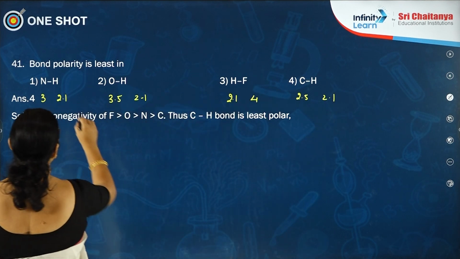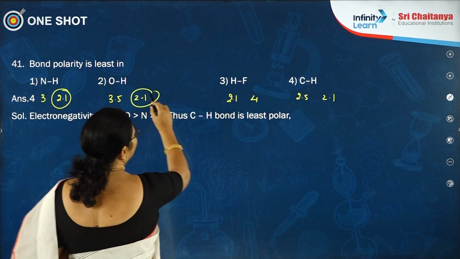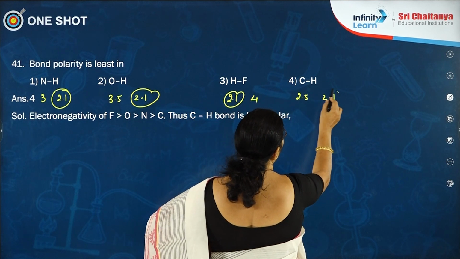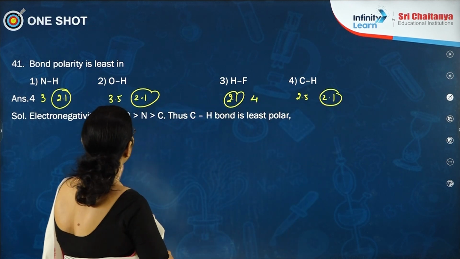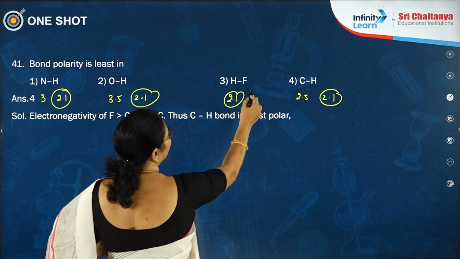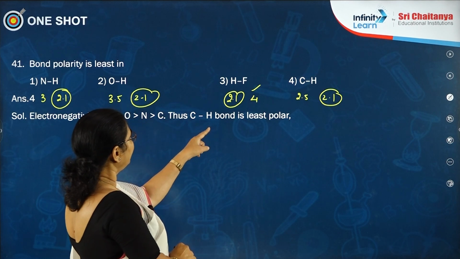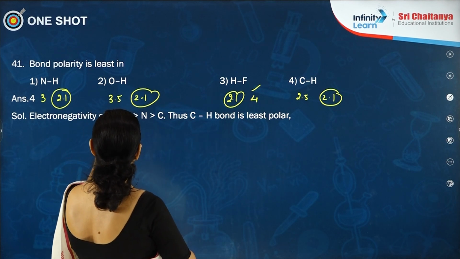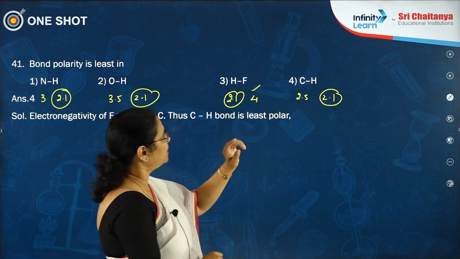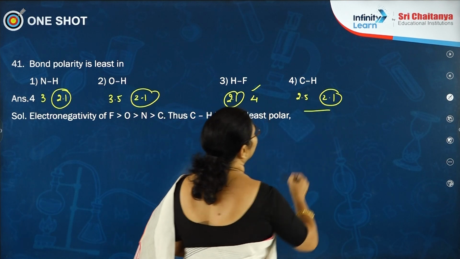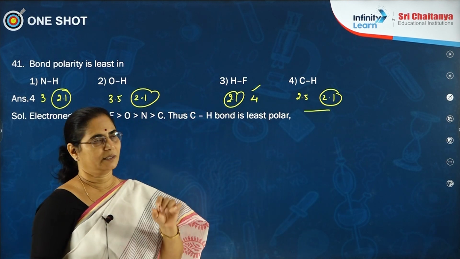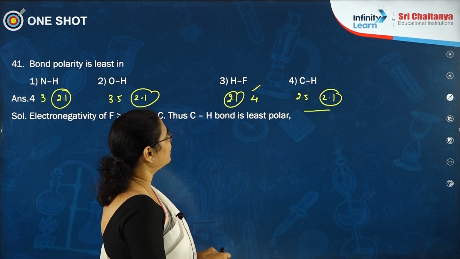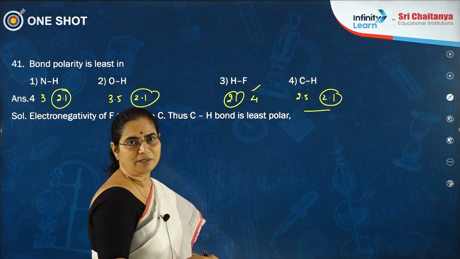Now, see the same common atom, hydrogen 2.1. Among the other atoms, which is the highest electronegative atom? Fluorine. So, HF followed by OH followed by NH followed by CH. In CH, there is less difference in electronegativity. So, least polar is the CH bond.